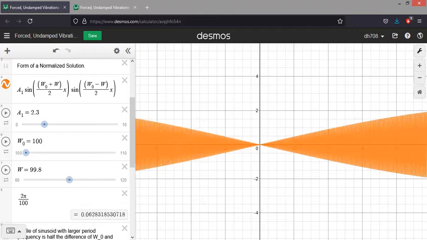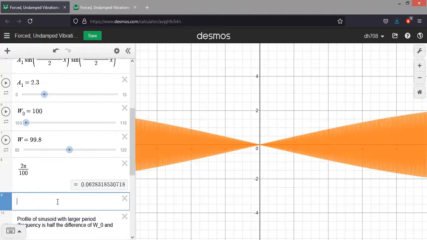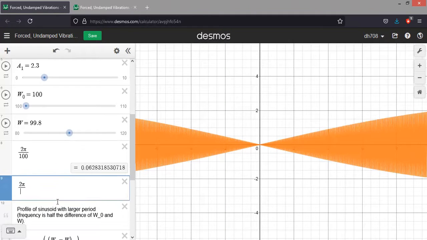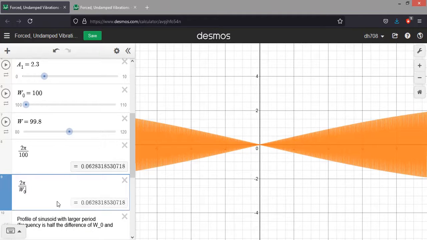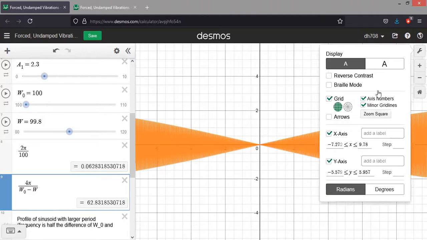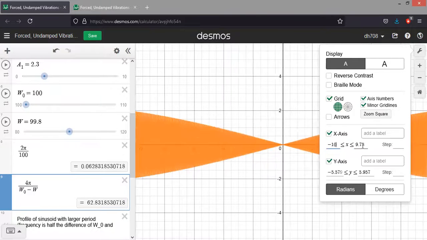And now if I change my coordinates so that I can actually see how long it is, so let's do 2 pi again divided by, now it's going to be their difference over 2. So 62. So let's change this from -10 to 70.